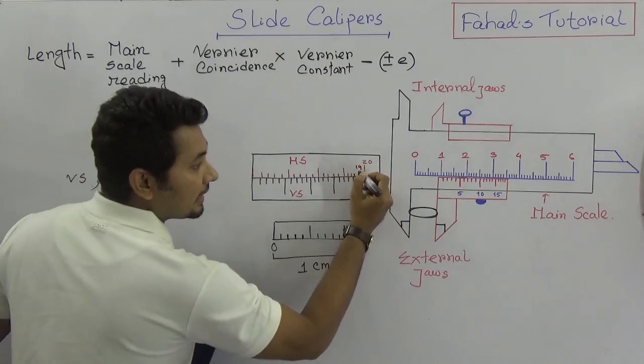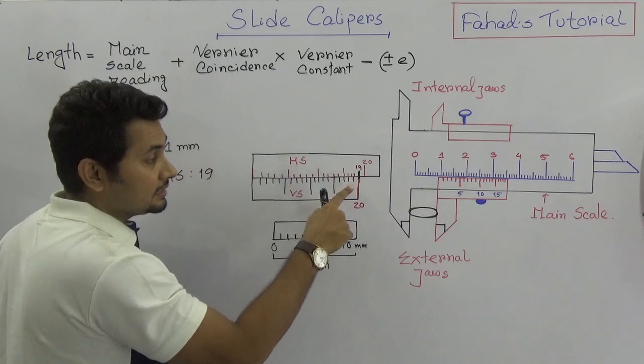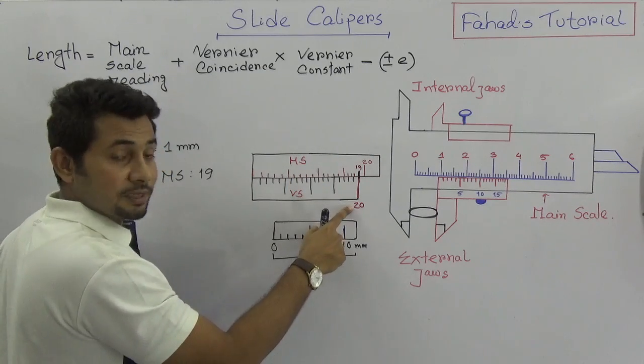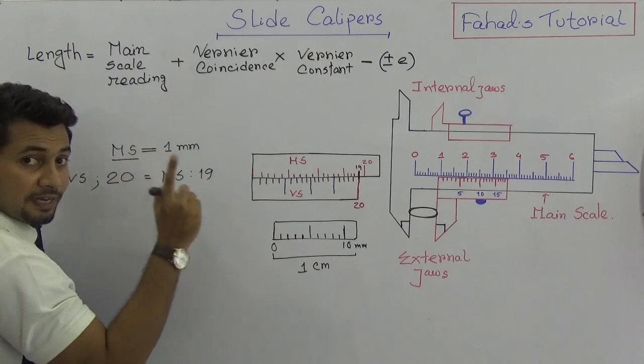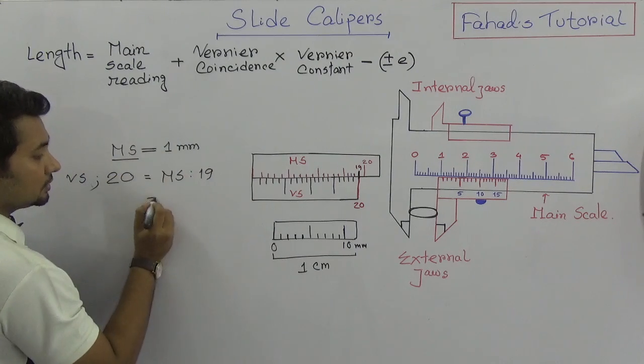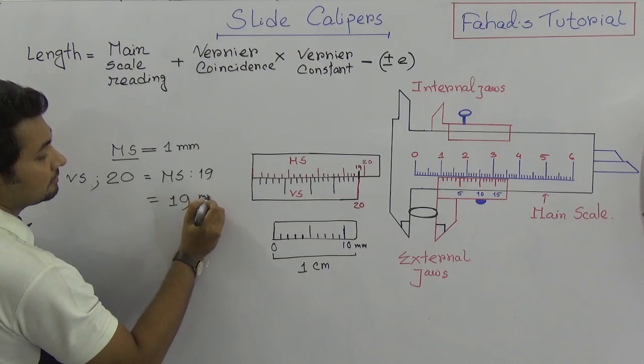You see that the 19th mark of the main scale is equivalent to the Vernier scale 20. As the main scale space is 1 millimeter, 19 spaces would be 19 millimeters.